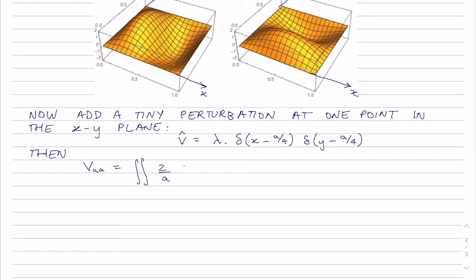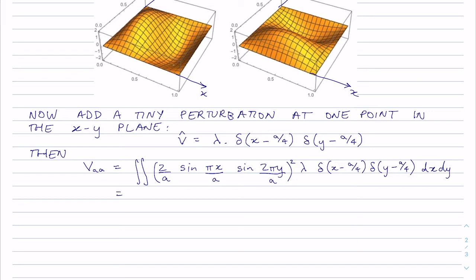And it is sine(pi x over a) sine(2 pi y on a), squared, lambda delta(x minus a over 4) delta(y minus a over 4) dx dy. And of course you have to take these integrals between 0 and a.